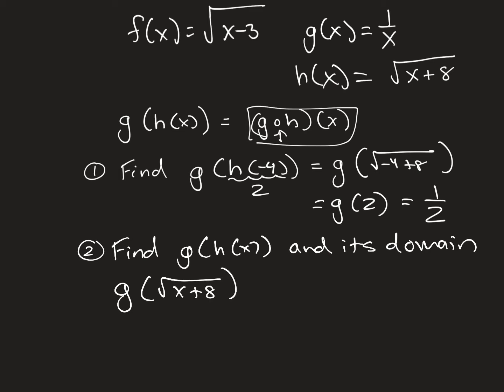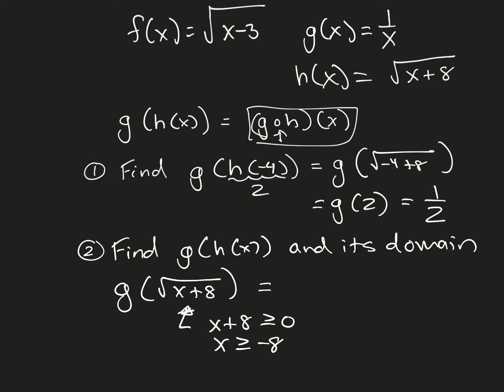I write it like this first, because with a composition it goes through the inner function first, so the domain of the inner function matters. I know right away that x plus 8 has to be greater than or equal to 0, or x is greater than or equal to negative 8. I'll keep that in mind.